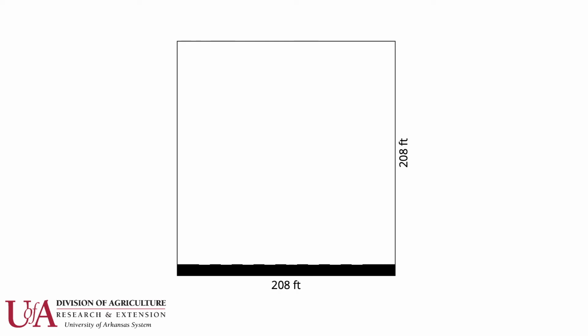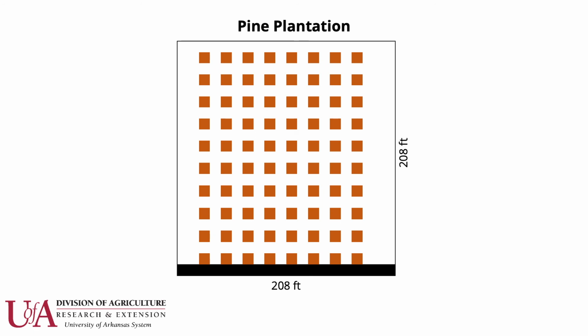Imagine, if you will, a square acre, approximately 208 feet by 208 feet. On that square acre, there are trees growing, and if we take a cross-section of the forest at 4.5 foot off of the ground and look at it from the top, we will see the amount of that square acre that's occupied by woody stems. On a pine stand, you would see something regular and even.